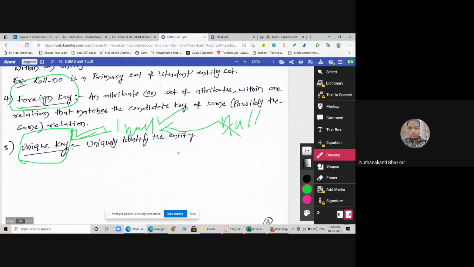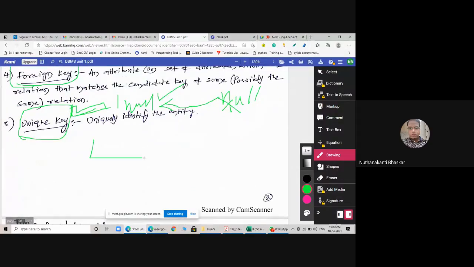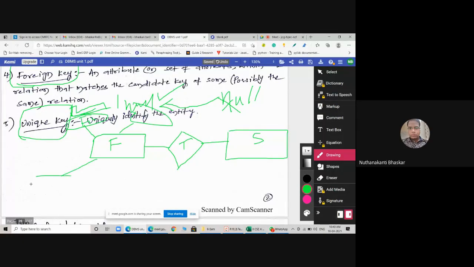But when we design an ER model, we cannot tell it like that. We have to represent it because it is a graphical representation. So when you are designing the ER model for faculty to students, now we have faculty, teachers, students. You need to write complete names here, please. Faculty, teachers, students. Now we know so many attributes here: faculty ID, faculty name, faculty salary, and faculty designation.